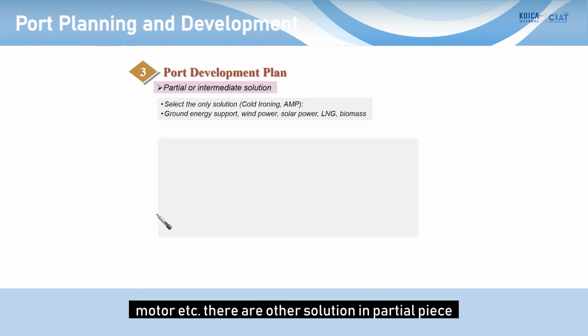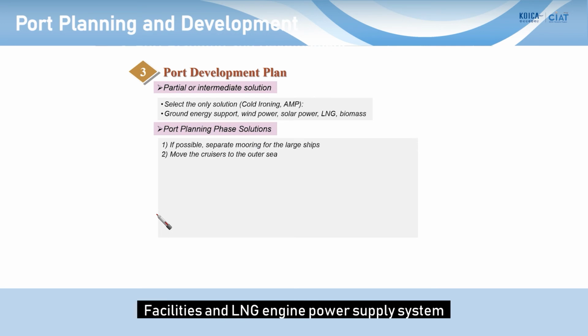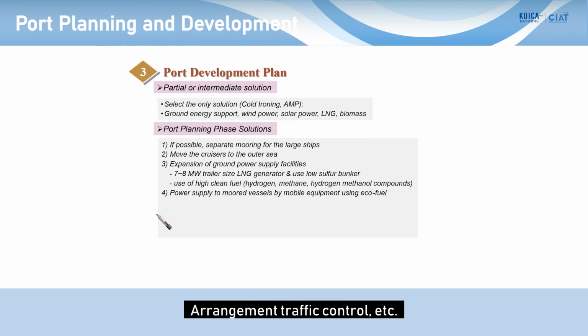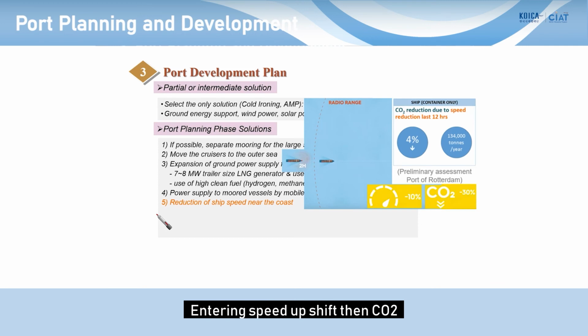There are other partial solutions, both in the port planning phase and the operation phase. AMP facilities and LNG engine power supply systems, changes to berth arrangement, traffic control, etc. For example, if you reduce the entering speed of a ship by 10%, then the CO2 emission will be reduced by about 30%. Therefore, by operational or management schemes, you can reduce CO2 gas.